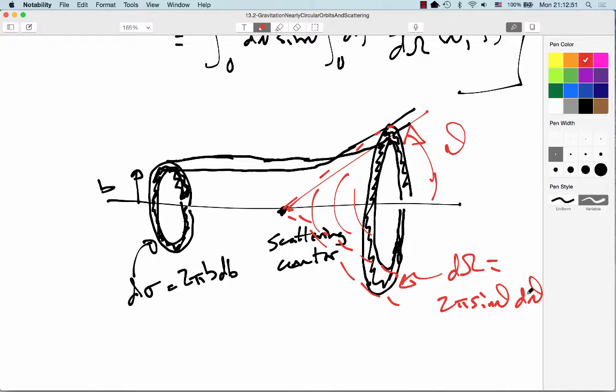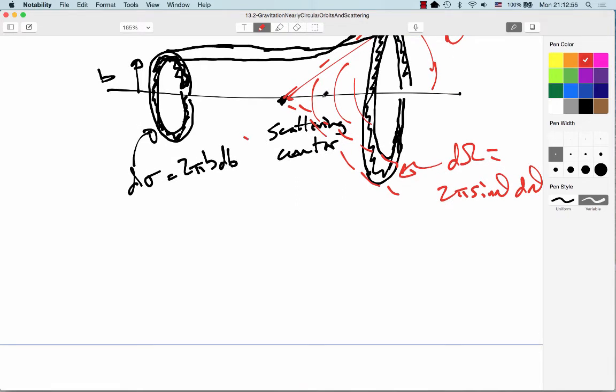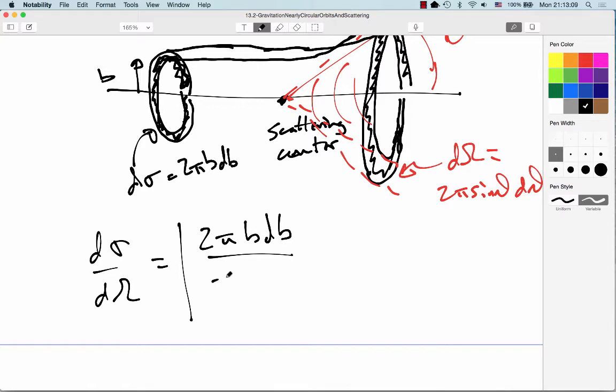All right, so I can get my differential cross section, d sigma d omega, literally by just dividing the two. So this will be equal to, absolute values are just fine, 2 pi b db over 2 pi sine theta d theta.